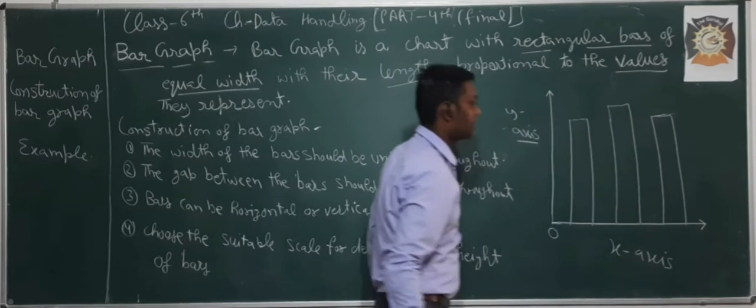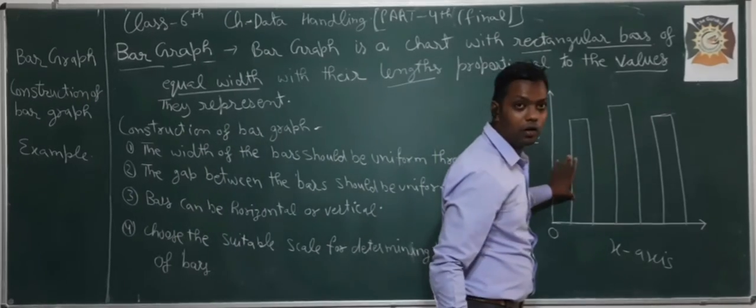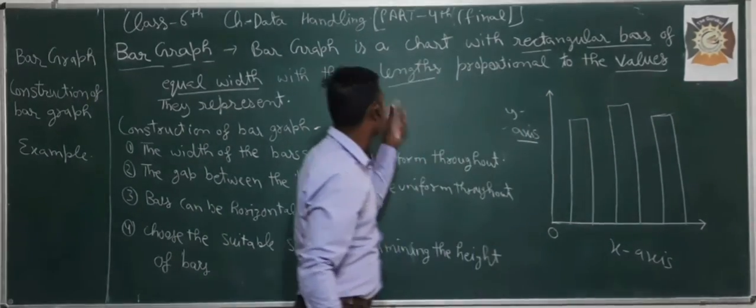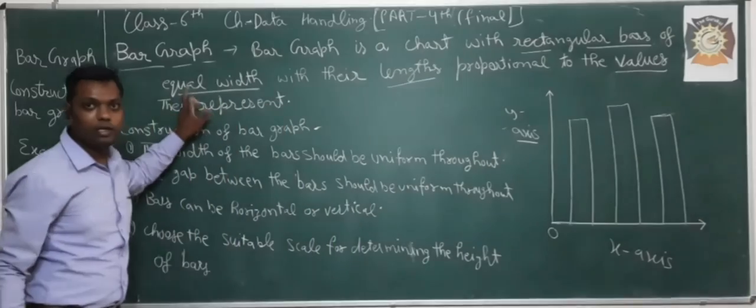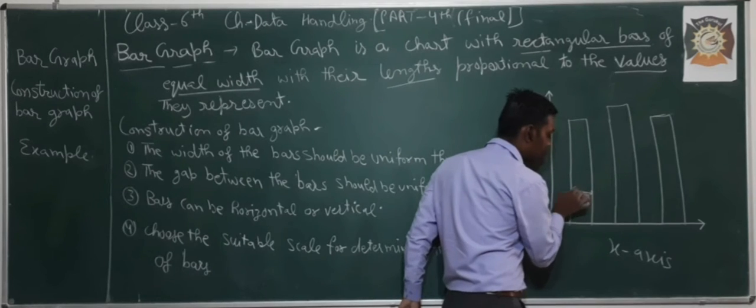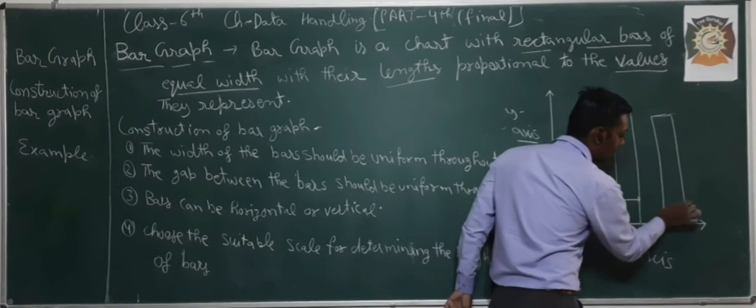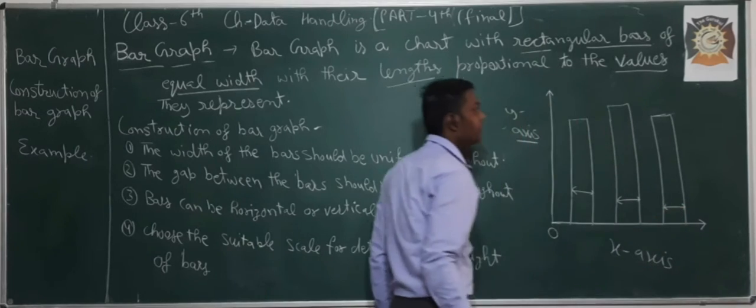Let's say we draw three bars. As you see, all three are rectangular bars of equal width. Notice the words equal width. That means the width of these bars should be equal, and their height represents the value.